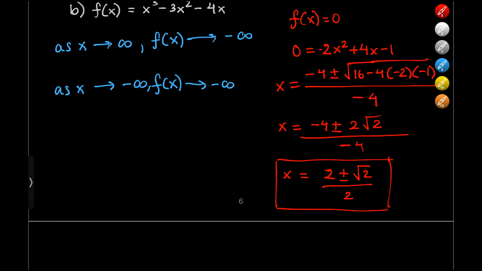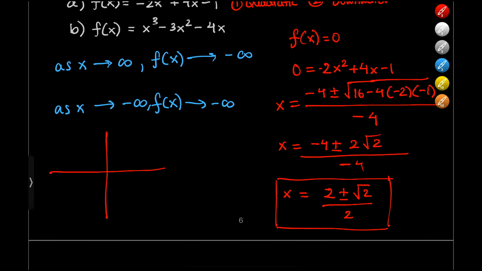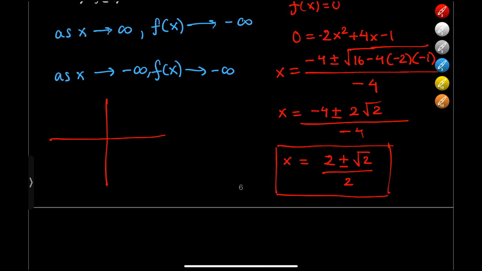And so now let's draw an accurate graph of f of x for part A. So we know that this will be 1, this will be 2. I won't label them though. And this is 1. I'll label that.